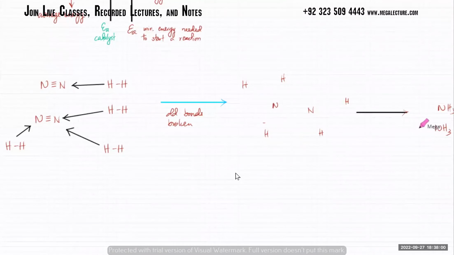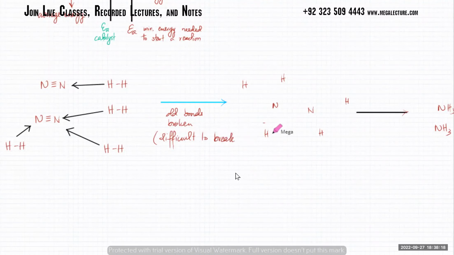So old bonds getting broken, that's the difficult part. What's difficult is that the triple bond is really strong. It requires a lot of energy. So it's difficult to break this N triple bond N. Large amounts of energy are needed for that.